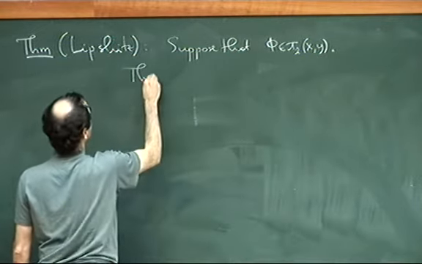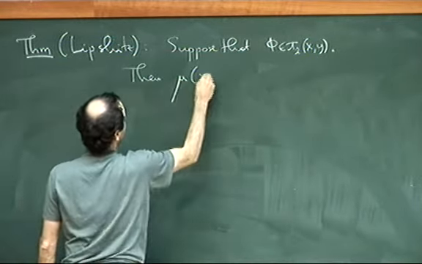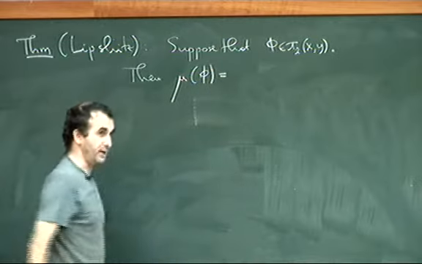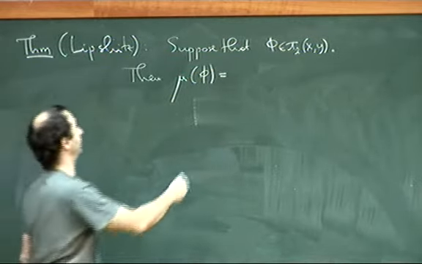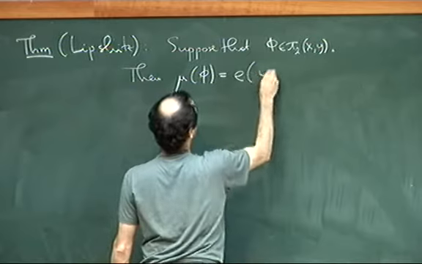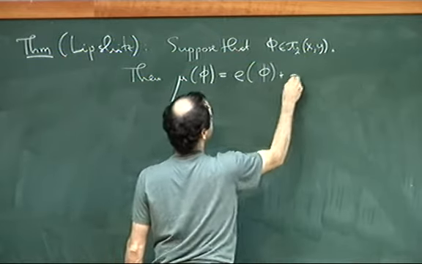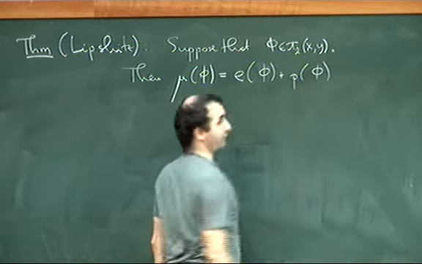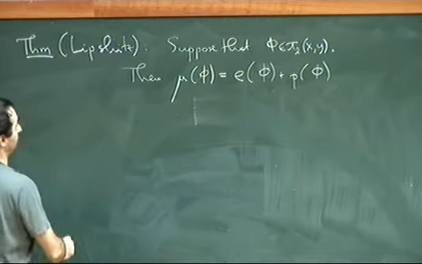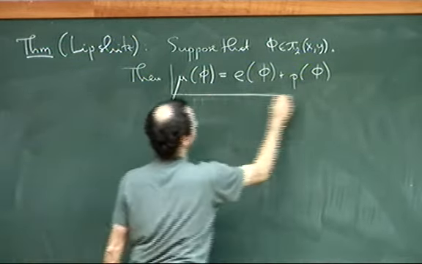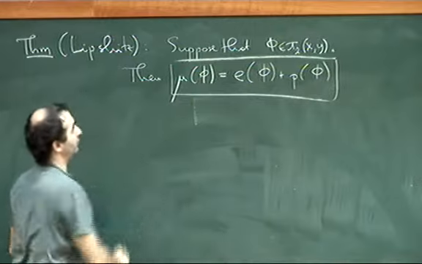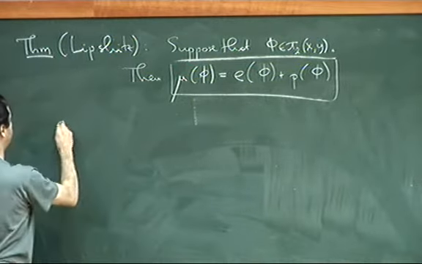Then the Maslov index, or the dimension of the moduli space, can be written as the sum of the following two simple quantities, which I will now define. So this is the formula, and now I will tell you what E and P is.